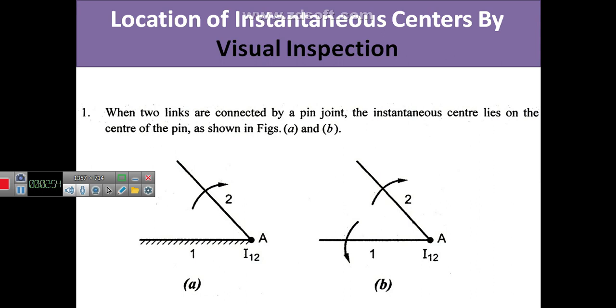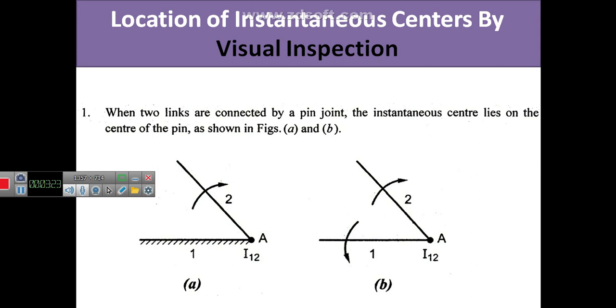In the pictures A and B, there are the same two links, 1 and 2, and both are connected at the point A. In picture A, link 1 is the fixed link, having a hatching, which means it's a fixed link, joined with link 2 at the point A. Link 2 rotates about the point A, and link 1 is fixed.